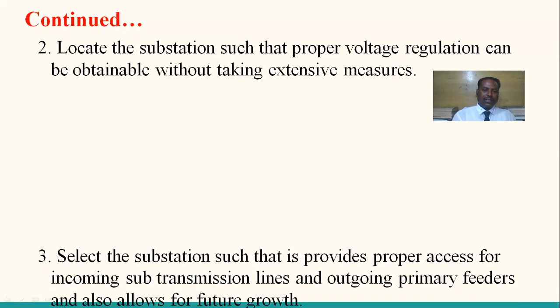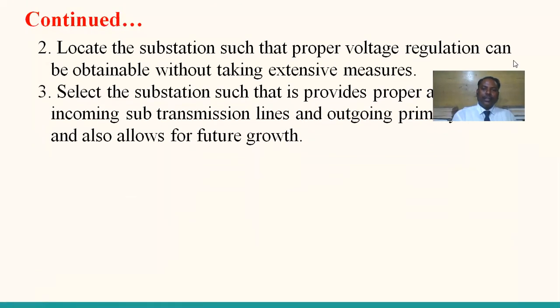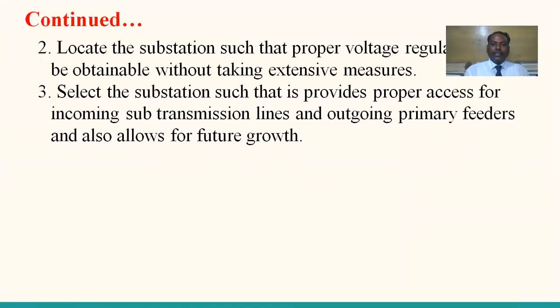And the next one: select the substation such that it provides proper access for incoming sub-transmission lines and outgoing primary feeders, and also allows for future growth. A substation is a place or intermediary between the transmission as well as the consumers.